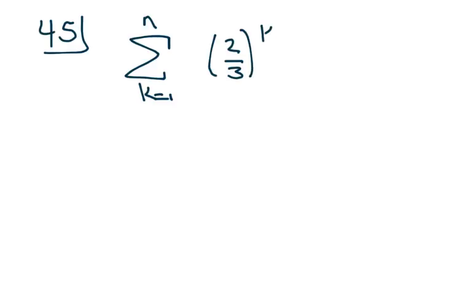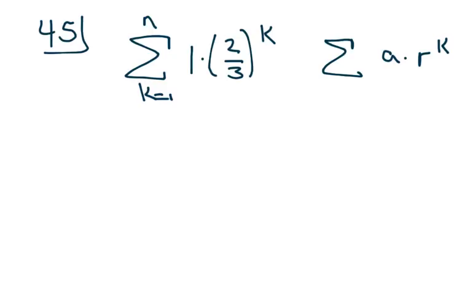So 45, we have k equals 1 to n, and we have 2/3 to the k. So in 45, we have a is 1, because the formula generally is a times r to the k minus 1, or it could just be k in this case.